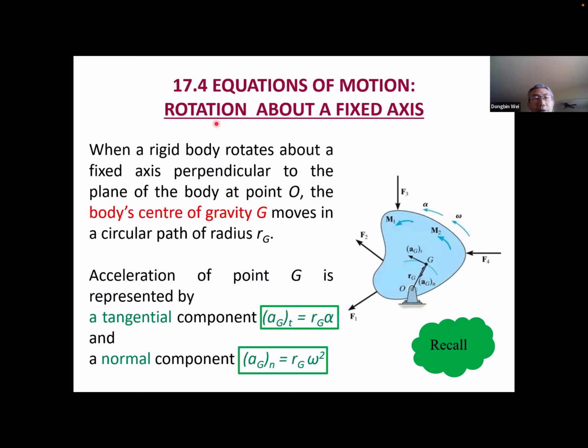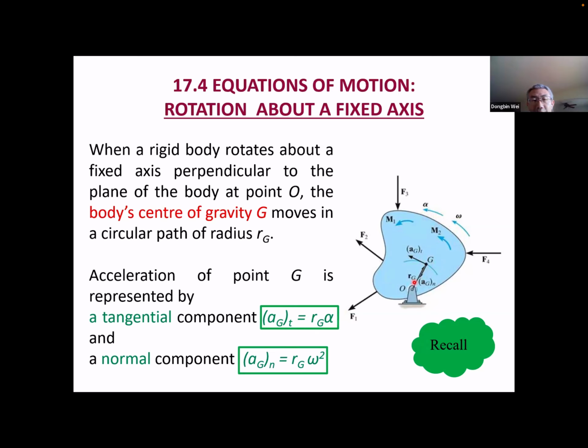Next, for rotation about a fixed axis, which we studied last week, if the rigid body undergoes rotation about a fixed axis O, then you can easily find the acceleration at the mass center point G and the angular acceleration alpha. For a_Gt, the tangential component of a_G, can be calculated using angular acceleration alpha.